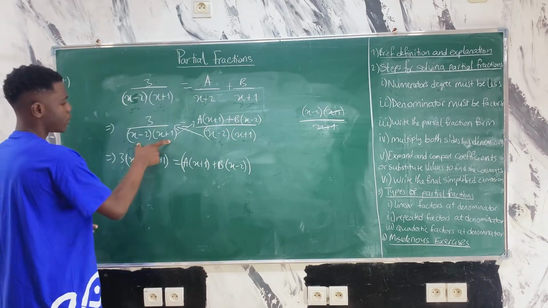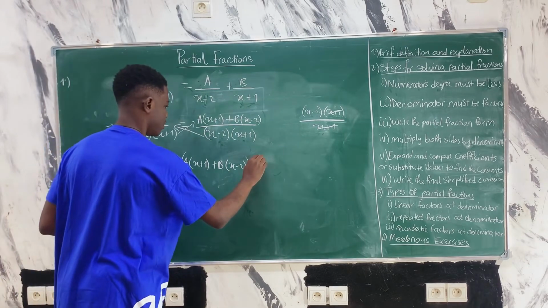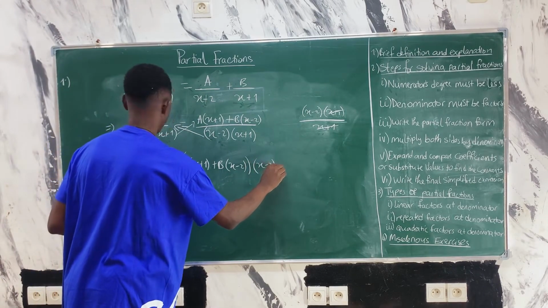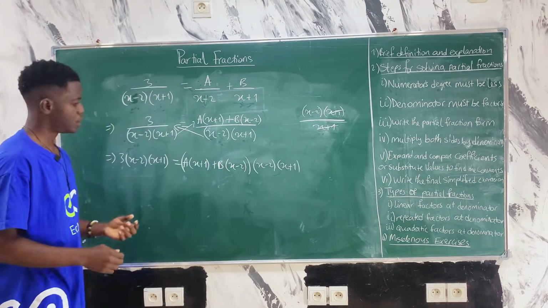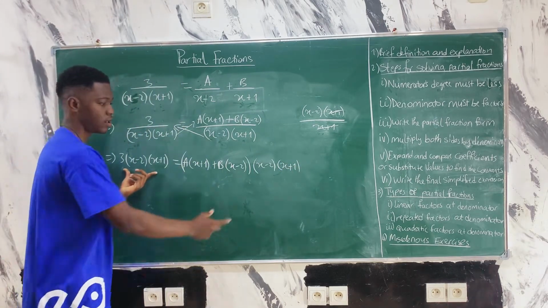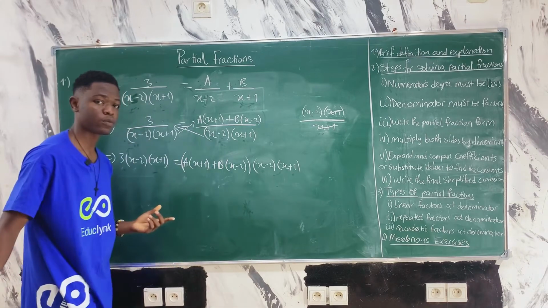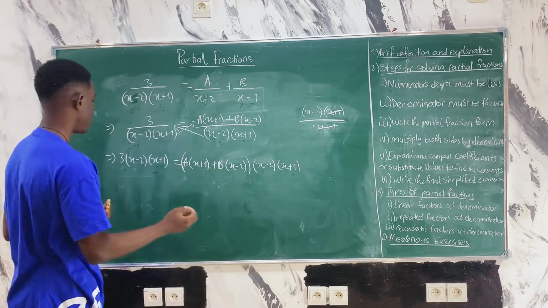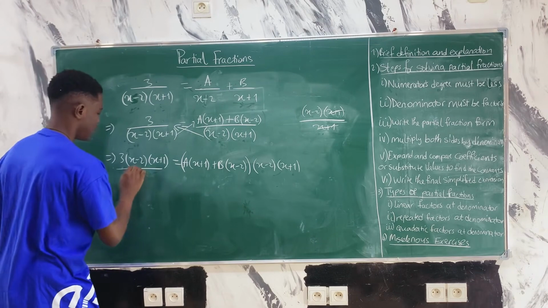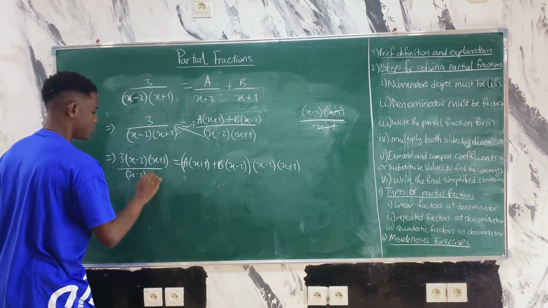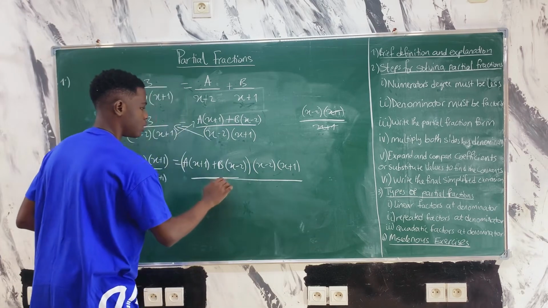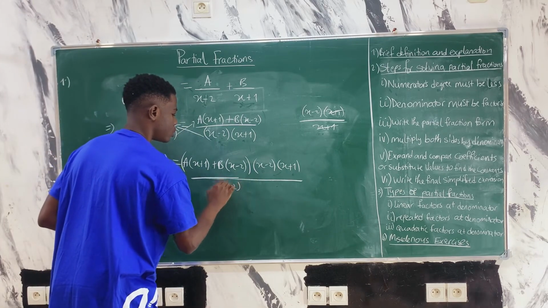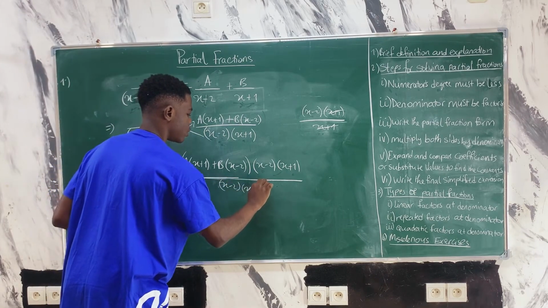So I write this, I'll have x minus 2 into x plus 1. These are the same, so you can cancel. If I divide all through by x minus 2 into x plus 1, I can divide also here all through by x minus 2 into x plus 1.